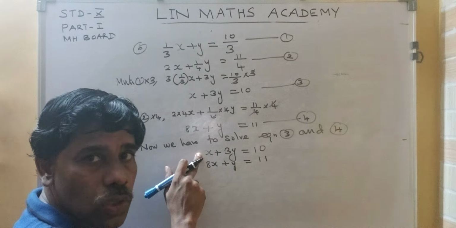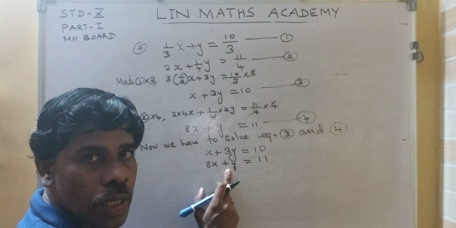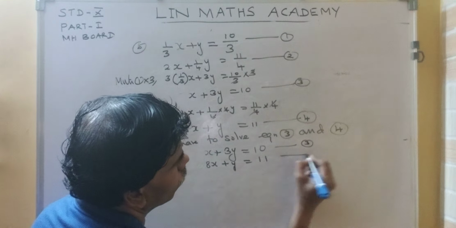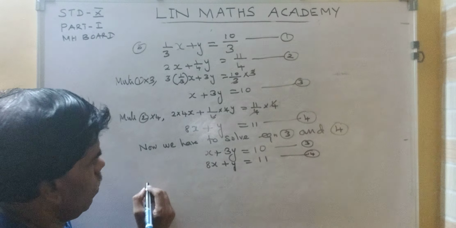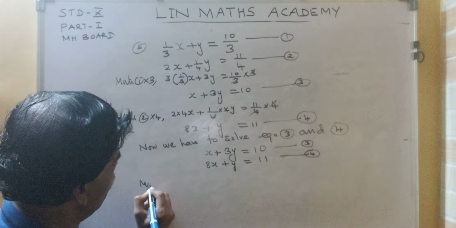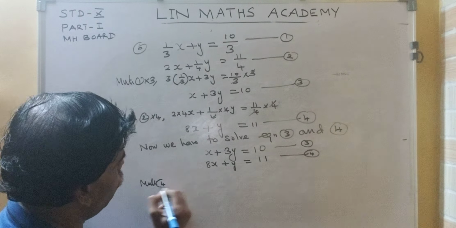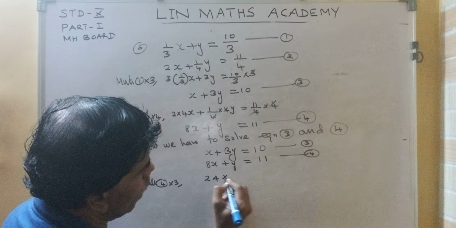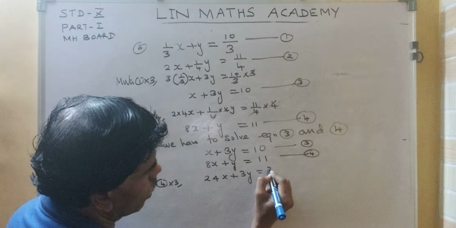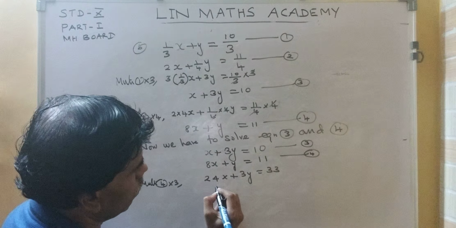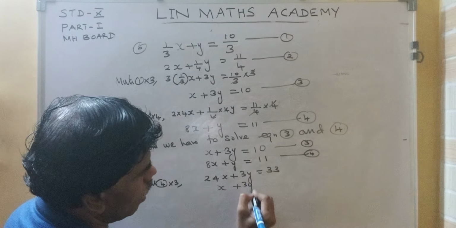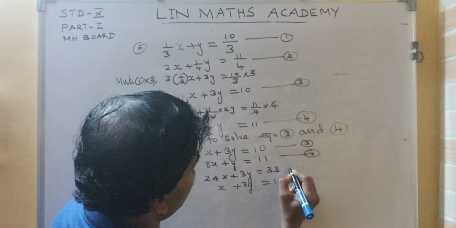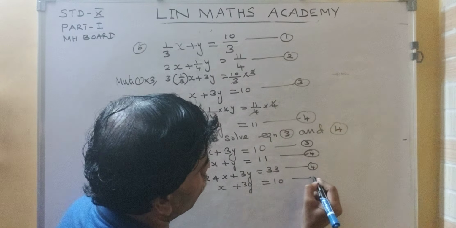But here 3y is there, so you simplify, the smaller number, multiply by integer 3. So multiply equation 4 by 3. So what will happen? 8 threes are 24x plus 3y equal to 33. Here x plus 3y equal to 10. Now this is equation 4, it is equation 5.